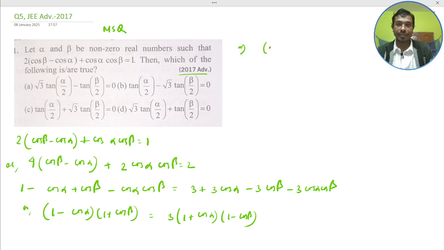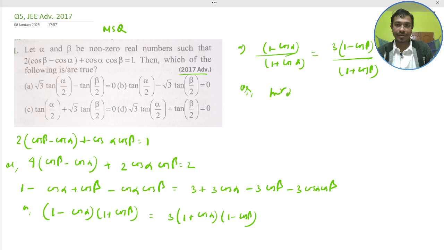So this would become (1 minus cos alpha) divided by (1 plus cos alpha) equal to 3 into (1 minus cos beta) divided by (1 plus cos beta). By the formula, tan square alpha by 2 equal to 3 tan square beta by 2.